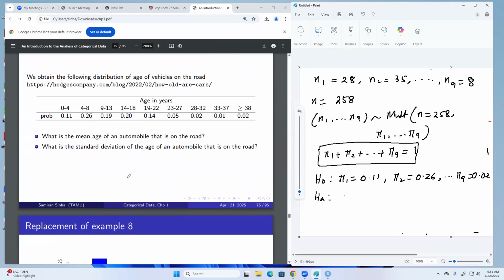The alternative is that at least one of the above statements is not true.